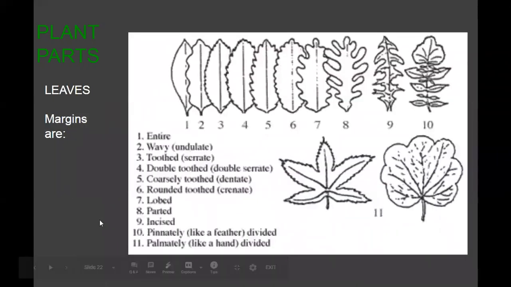Once we've gotten into leaf shape, then you get into the margin. Basically, the margin is the boundary or the edge of the leaf. They come in a ton of different varieties, and they can get really complicated. But the basic is entire. Here you'll see number 1.